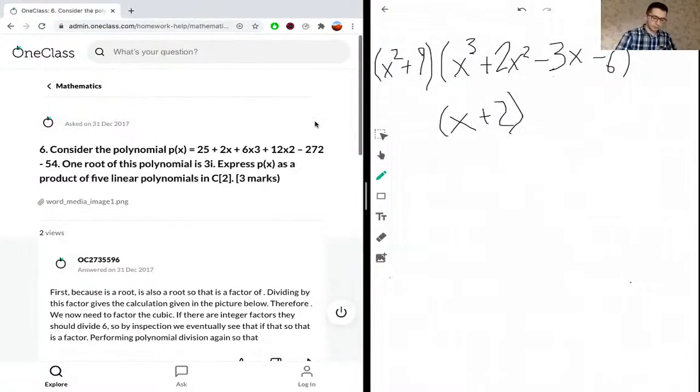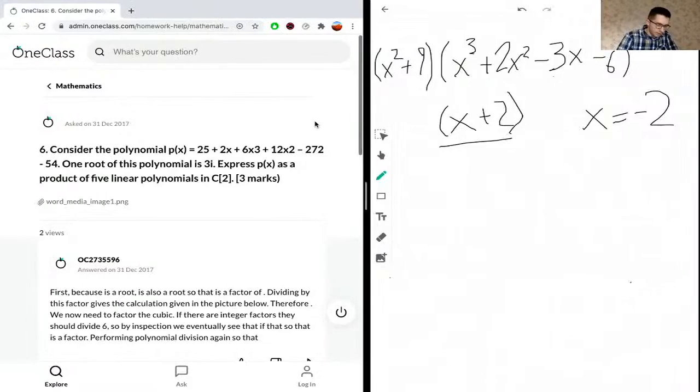So there's the positive sign instead of the negative. We know x plus 2 is one of the factors. This is how you represent it when you're putting it in the function. So we can use this to do synthetic division on the function.